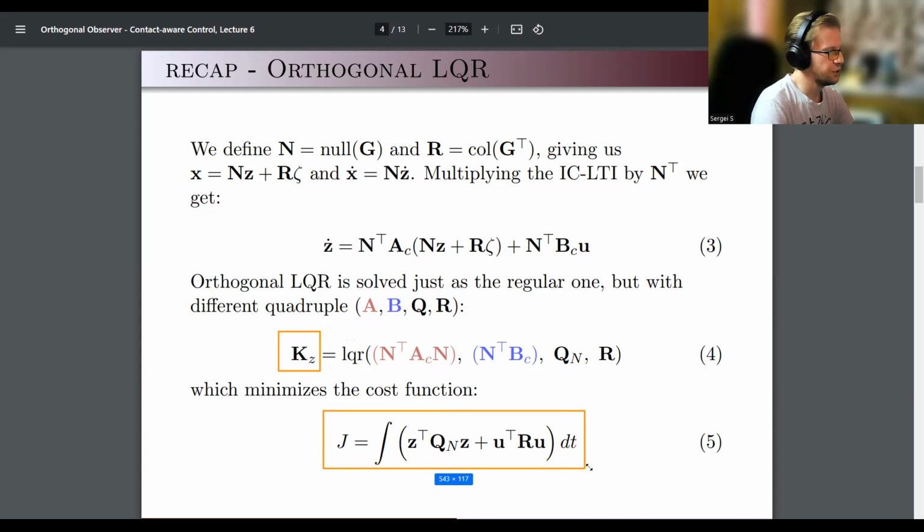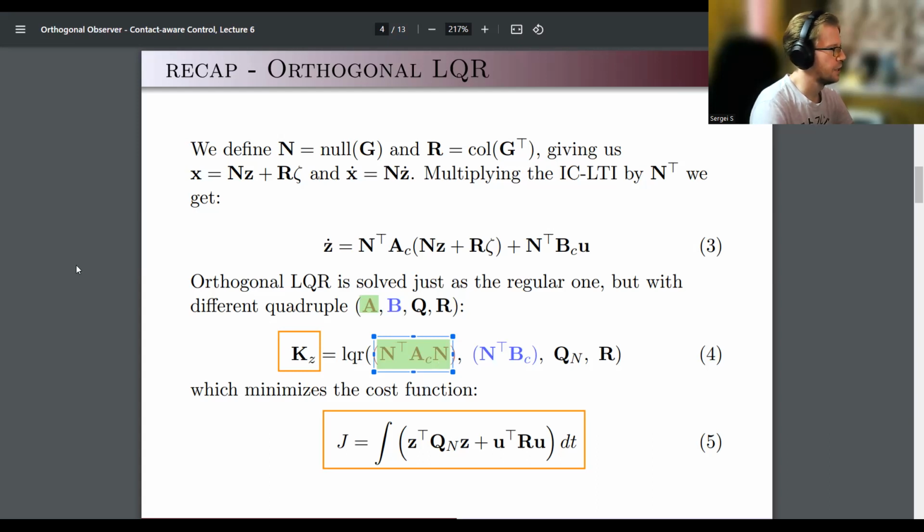So for this cost here, where you have Qn, a matrix multiplied by Z on both sides, and R multiplied by U on both sides, you get this recipe. What is this recipe? You solve the Riccati equation, substituting in where you would normally substitute the state matrix, N transpose ACN.